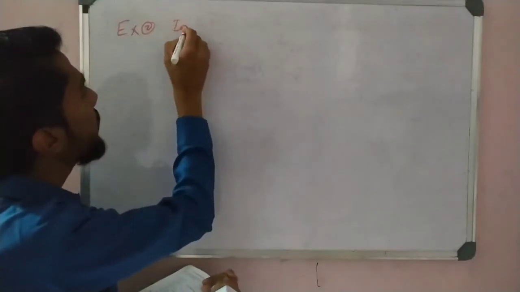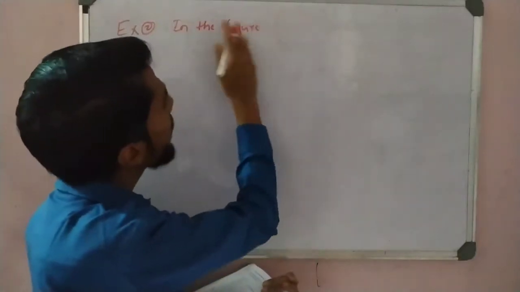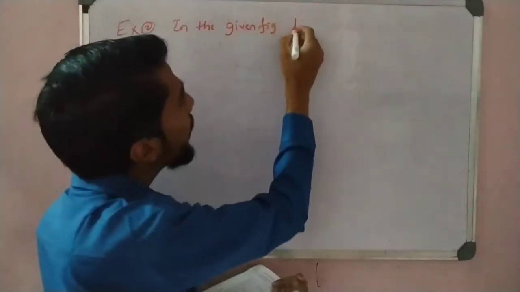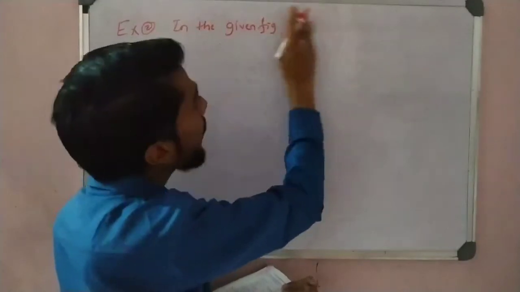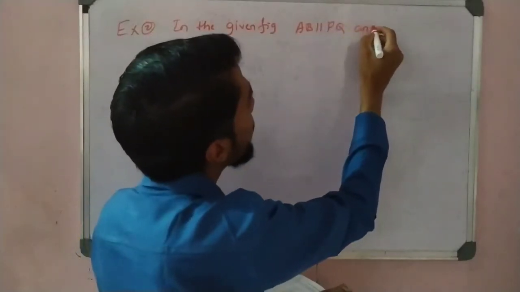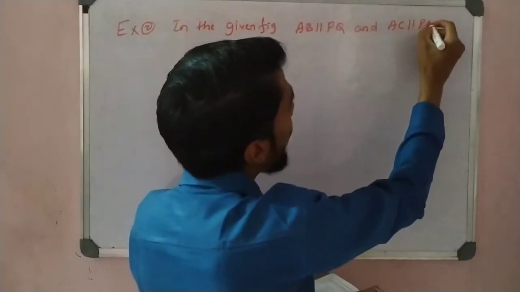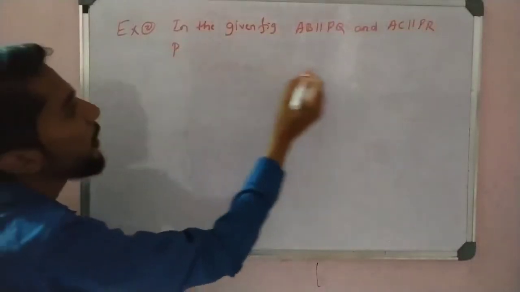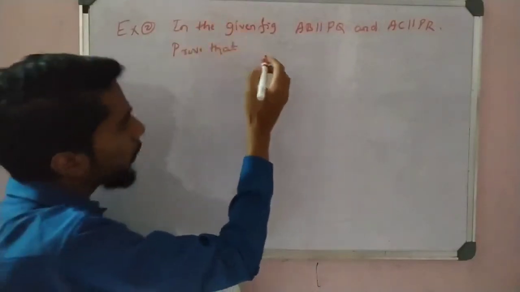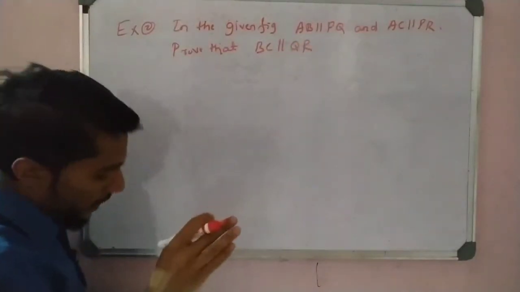In the given figure, AB is parallel to PQ and AC is parallel to PR. Prove that BC is parallel to QR.